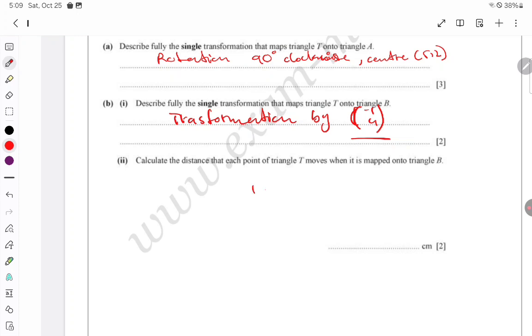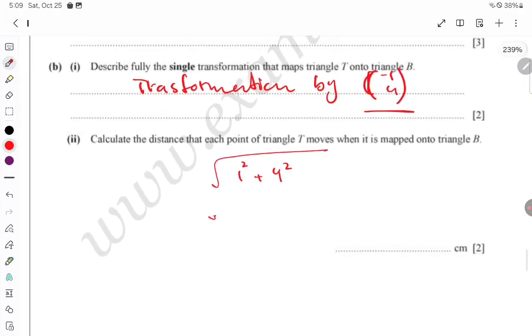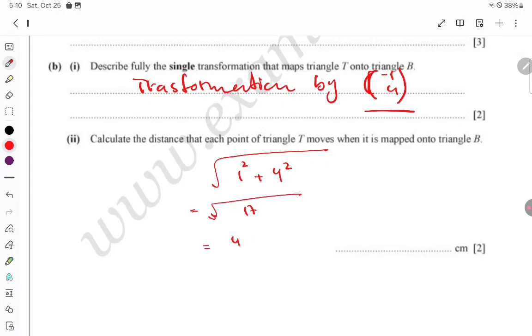Write both coordinates, x coordinate and y coordinate. Square both coordinates, add them, and take the square root. Now solve it. This will become the square root of 17, which is approximately 4.123. So we can simply write this is our distance.